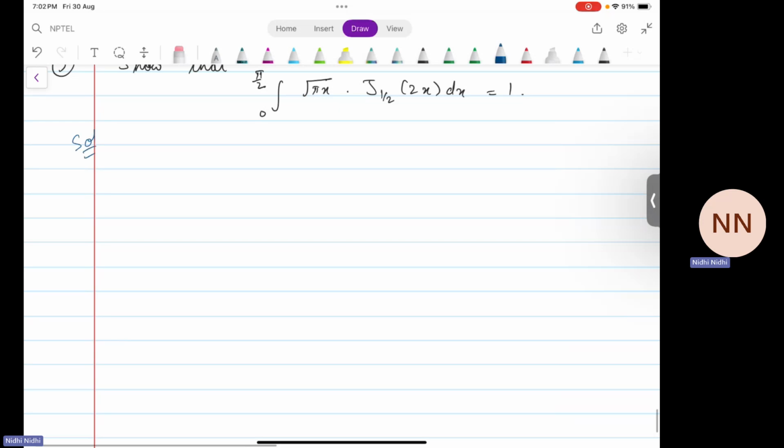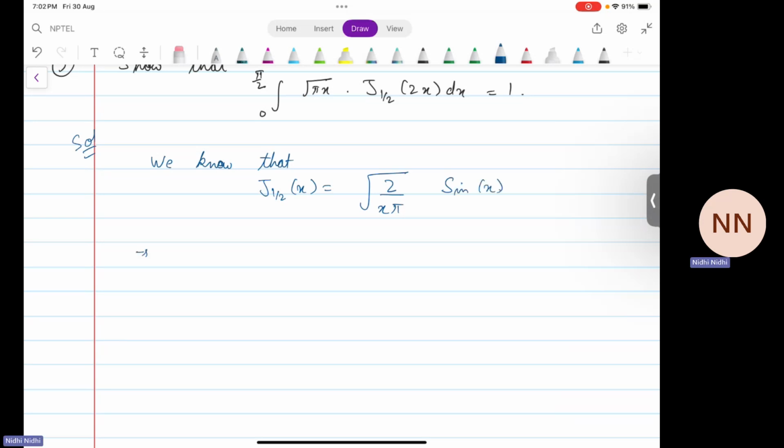Solution. We know that J 1 by 2 of x equals root 2 by x pi times sin x.